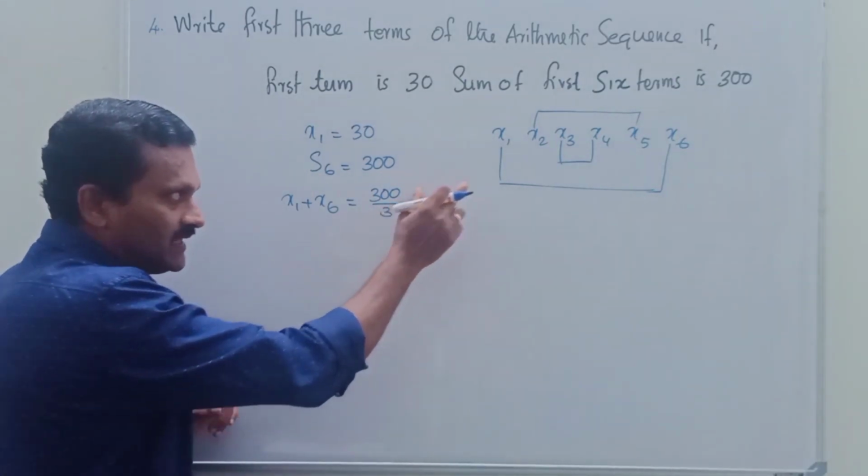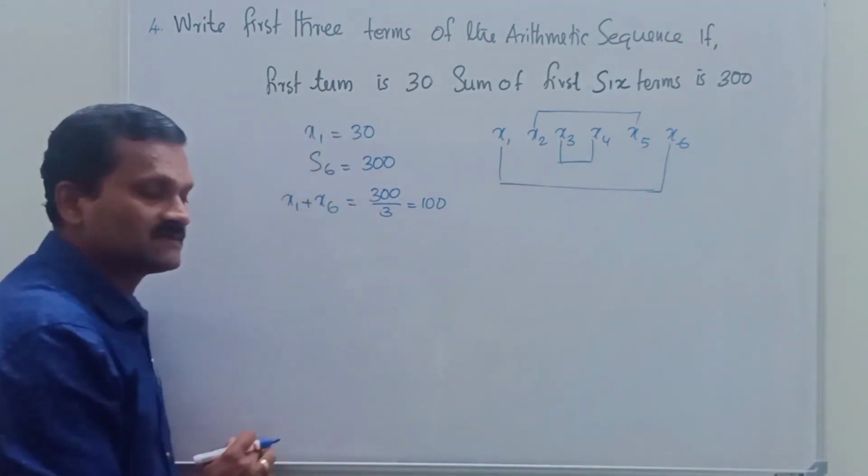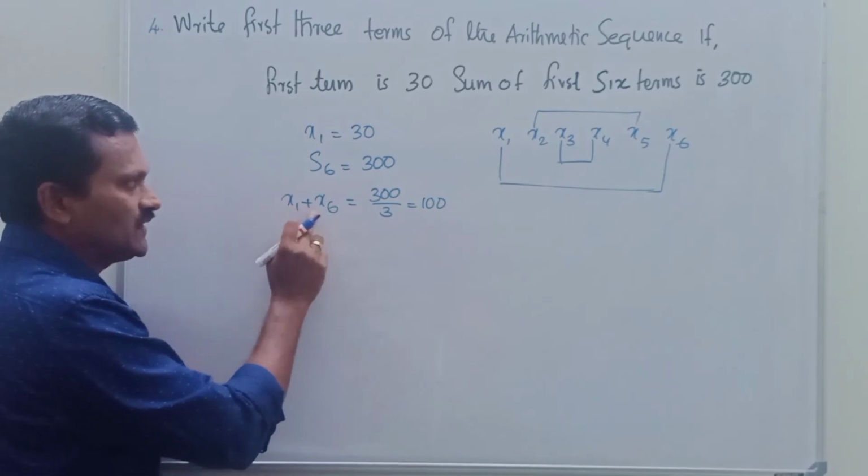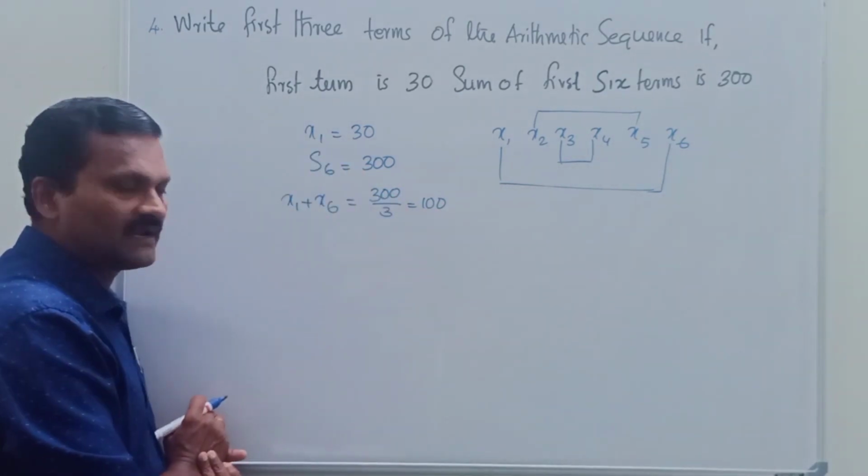We divide by 3 because there are three pairs and the sum of each pair is equal. Therefore, x1 plus x6 equals 100.